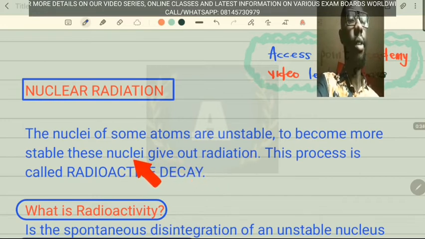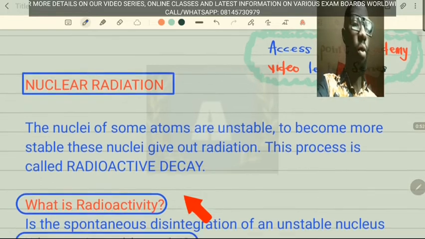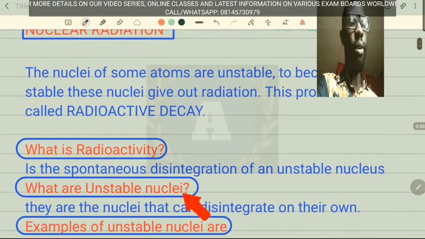Nuclei is the plural of nucleus. This process is called radioactive decay. That is, the process by which the nuclei of some atoms give out radiation is what is meant by radioactive decay.